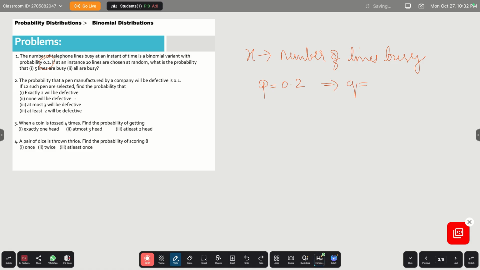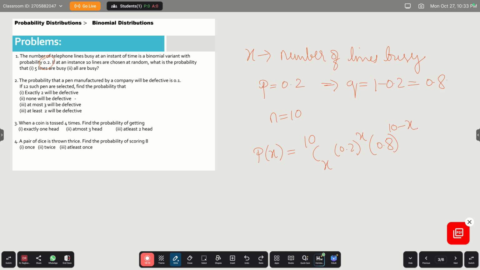Immediately you can get to know what q is. q is 1 minus 0.2, which is 0.8, and you are choosing 10 lines, so n will be 10. So what will be your P of x? It is 10Cx, 0.2 power x multiplied by 0.8 power 10 minus x.